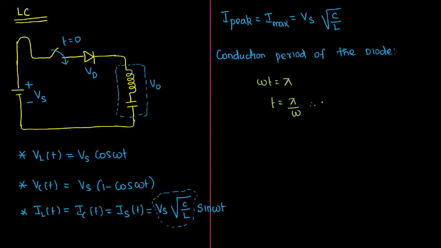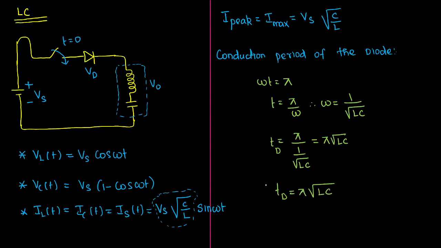Since we have an LC circuit, the frequency will be the resonant frequency, that is omega equal to 1 by square root of L into C. If you substitute that value, the conduction period of the diode will be pi by 1 upon square root of L into C, or pi into square root of L into C. So in an LC circuit, the conduction period of the diode will be equal to pi into square root of L into C. Don't forget, this formula is most important.